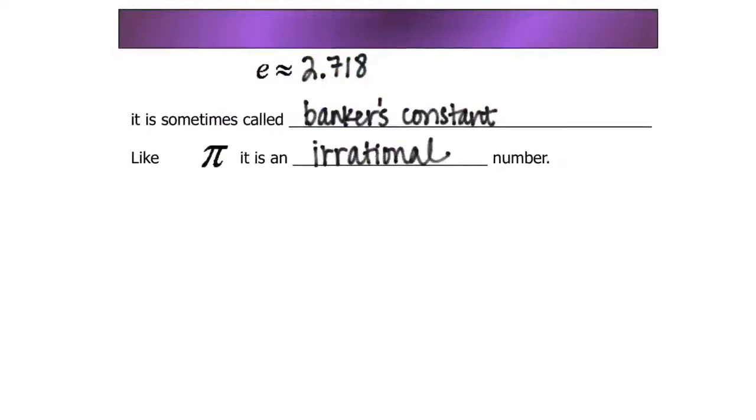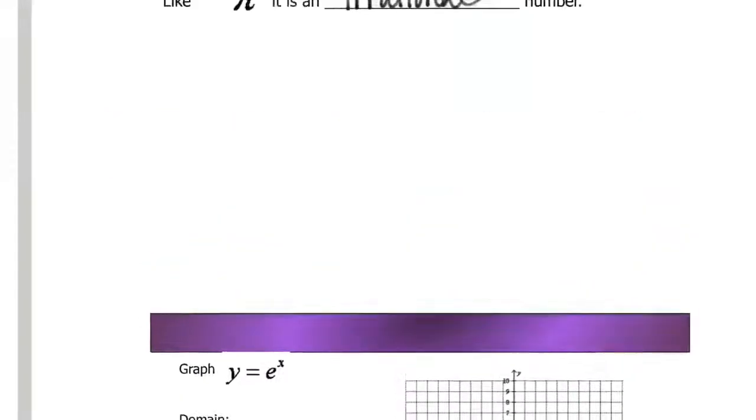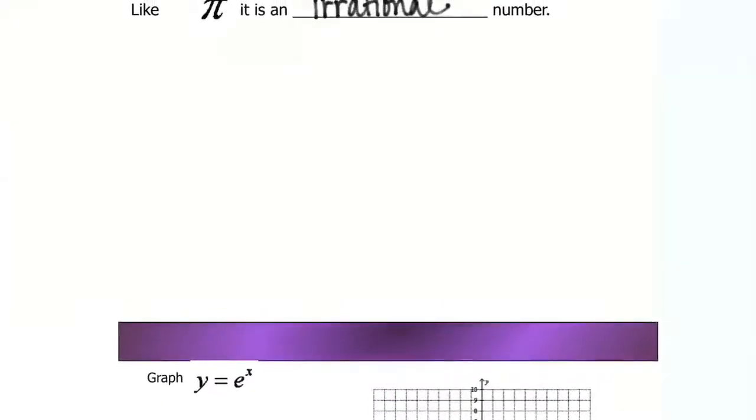Okay, so let's go back here. And let's do it. We've got y equals e to the x. Matter of fact, I'm going to write down e to the first power is approximately 2.718. E squared is approximately, I'm just going to put 7.4.